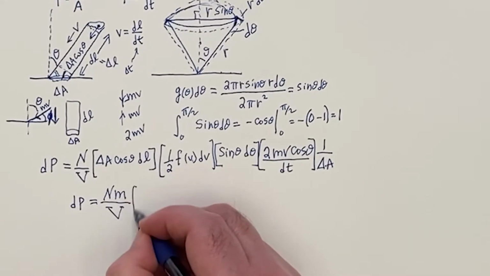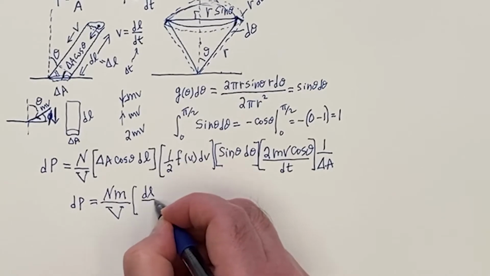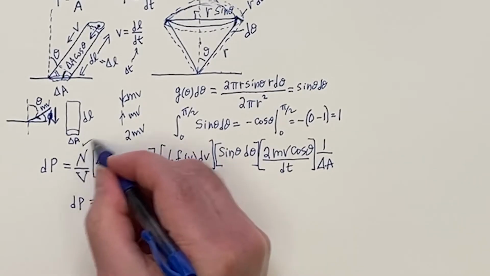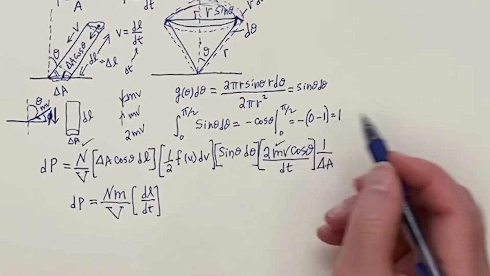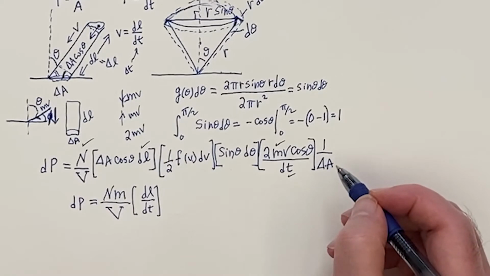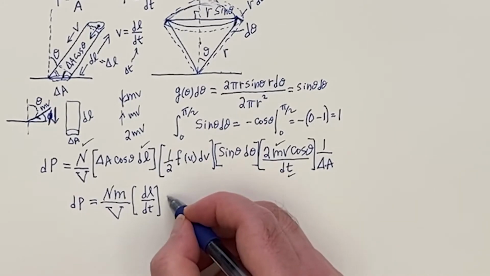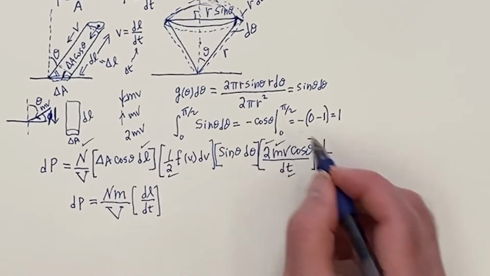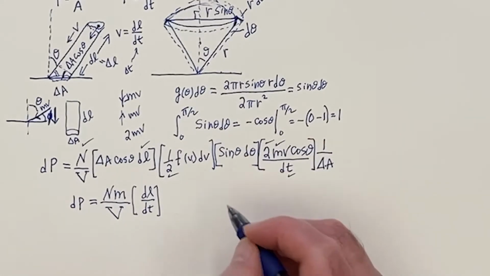And then here I'm going to put next dl dt. So we can check off what we've got. We took care of that, we took care of this, now we're taking care of the dl, this dt. Then we notice that we can take care of this 1/2 with this 2, it's going to cancel.